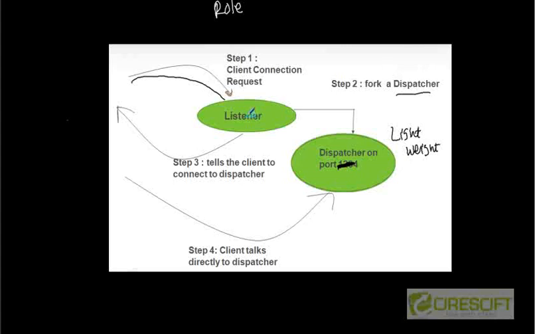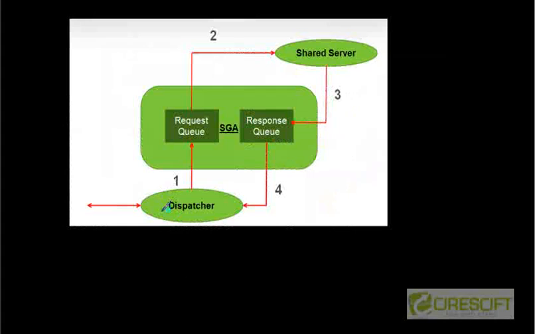So the listener is going to create a dispatcher process, and then the listener is going to tell the client to go and connect to the dispatcher process. In step 4, finally, the client is going to talk directly to the dispatcher process. In shared server mode, let's say I have client 1 and client 1 has a dispatcher.